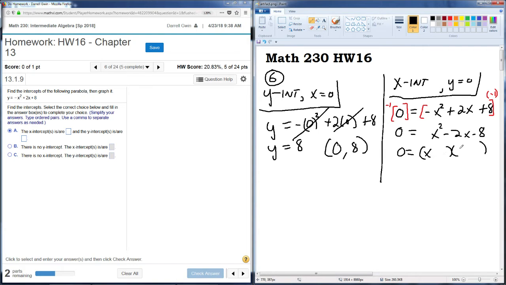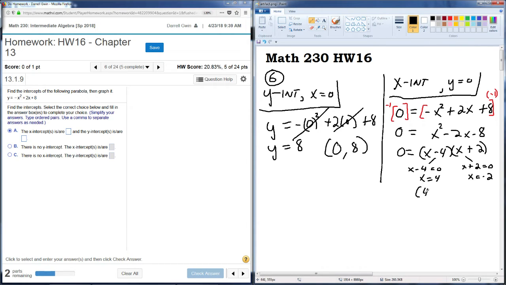using the shortcut method. What times what equals negative 8? Well, that'll be a negative 4 and a positive 2. Negative 4 plus 2 is negative 2, so we're good. This is the zero product rule. Some number times some number equals 0, so x minus 4 equals 0, or x plus 2 equals 0. Well, x equals 4 and x equals negative 2.